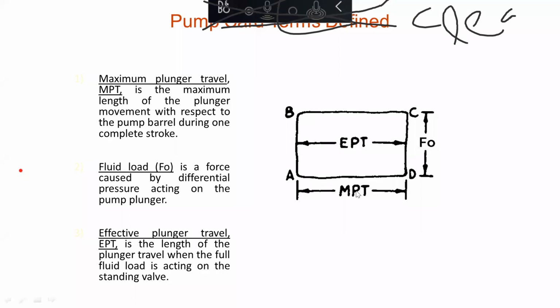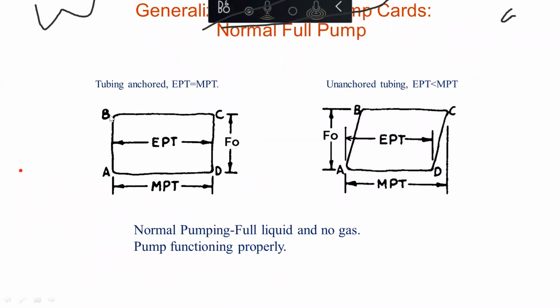This is your maximum plunger travel, and the distance from the right to the left in your dyna card will be your effective plunger travel. And like I said, the vertical distance will be your fluid load. For tubing anchor, your pump card will be more or less a rectangle. For your unanchored tubing, it is going to be the shape of a rhombus.